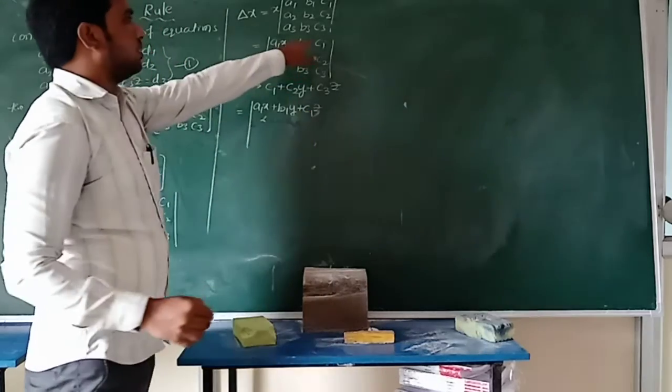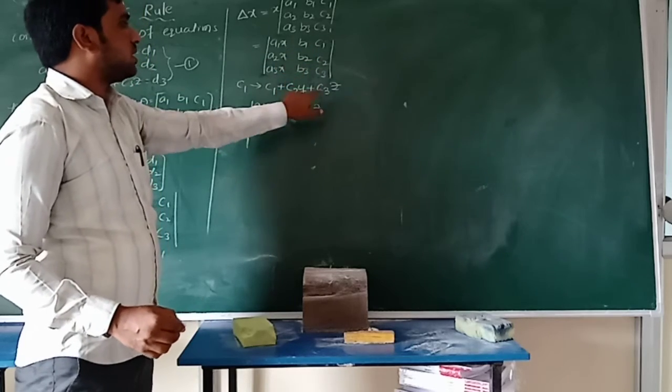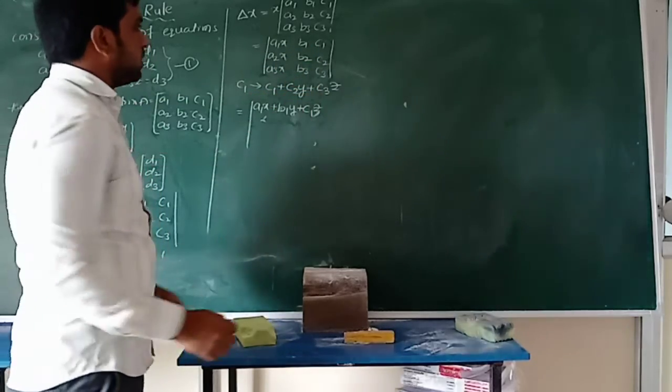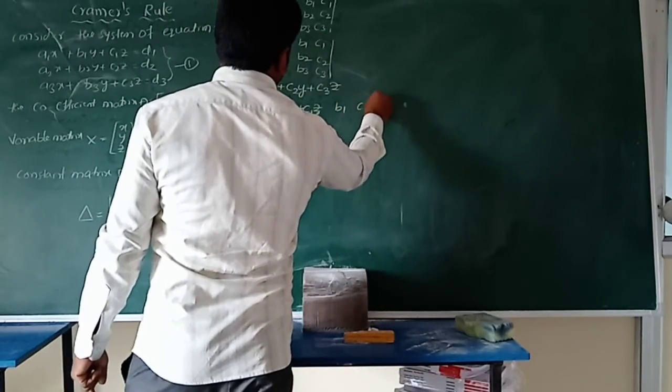Okay students, these are the elements of column 1, column 2, column 3. Now b1 as it is, c1 as it is.